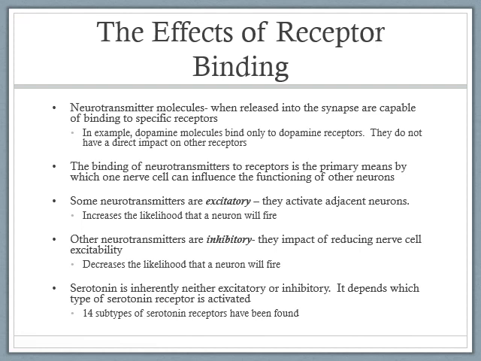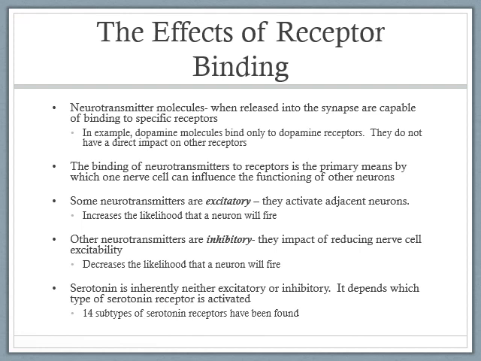You want to keep in mind too that some neurotransmitters are excitatory, so they activate the adjacent neurons. They increase the likelihood that a neuron will fire. And on the opposite end, there are neurotransmitters that are inhibitory, so they impact the nerve cell by reducing excitability. This decreases the likelihood that a neuron will fire.